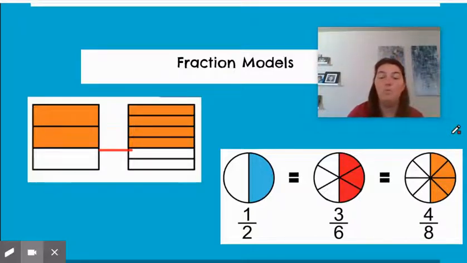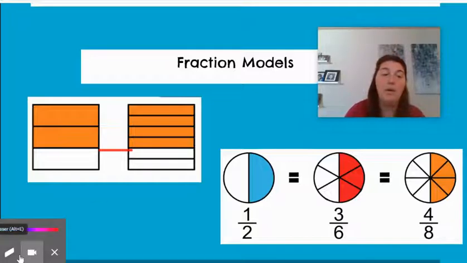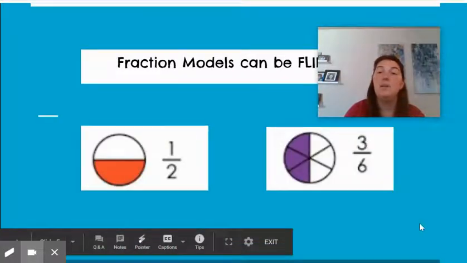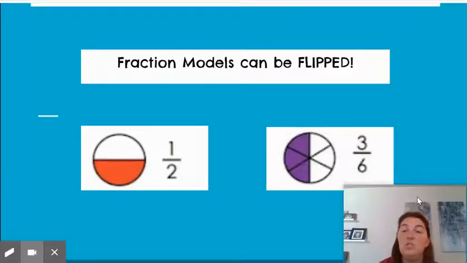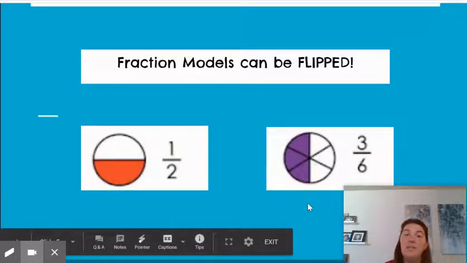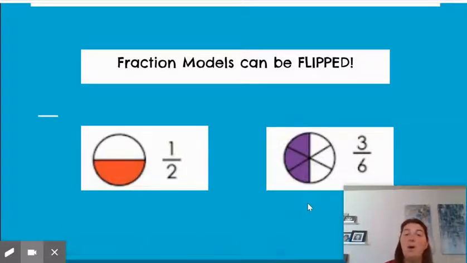Now, there's one thing I have to warn you about, and that's the way that the pictures might show up. Sometimes, to try and trick you, the tests will flip the pictures. You can see on this example that one of the models has been flipped. They are still equivalent. These are still equal.